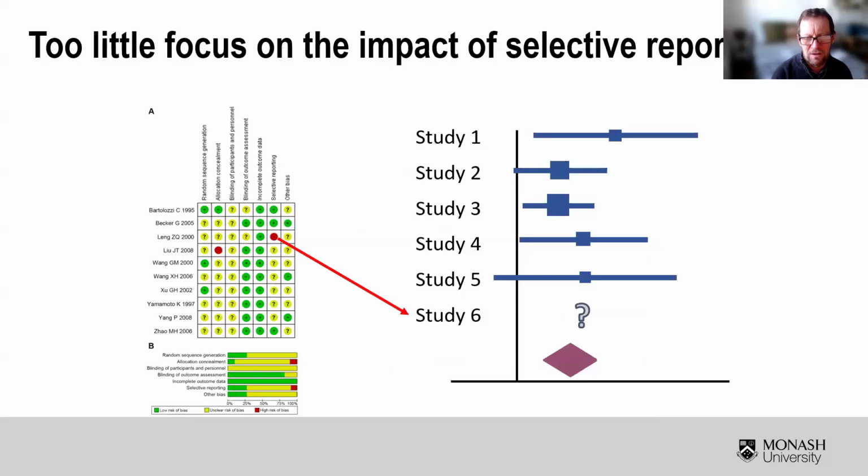After the seminal work that was done by An-Wen Chan and Doug Altman and colleagues, it was realized generally across medical research that selective reporting of results within studies was a really important issue, and that there was too little focus on that when we were considering the potential for bias due to missing evidence in meta-analyses.